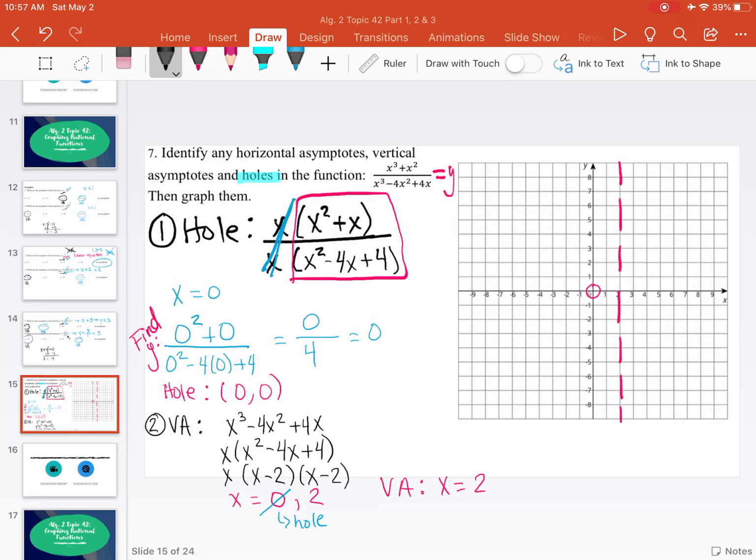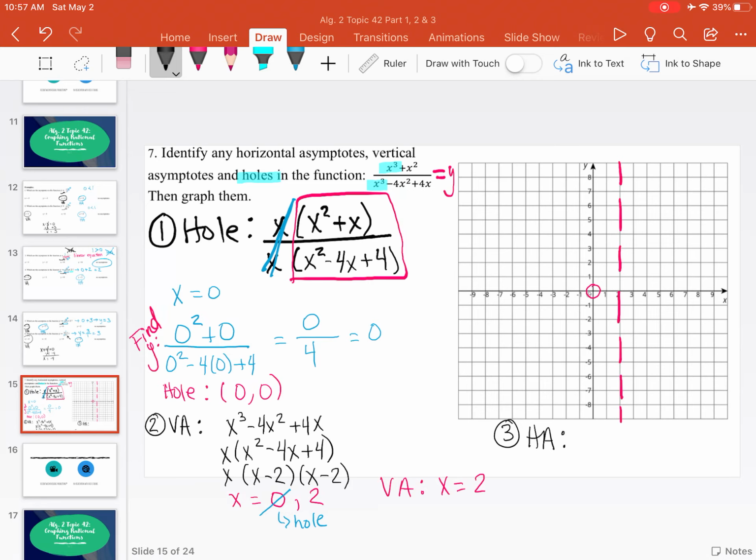Last but not least, we're going to go into our horizontal asymptote. Remember, for the horizontal asymptote, we need to compare the degree of the numerator with the degree of the denominator. Looking at my original function, I have x cubed and x cubed. Those are the highest powers.